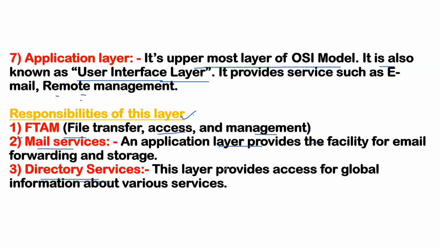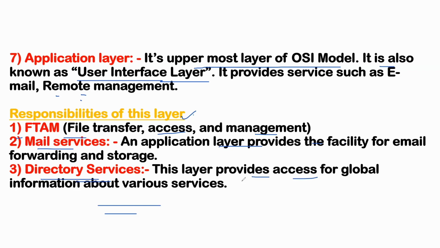On this layer, directory services also work, providing access to global information about various services. For example, Google Drive and OneDrive: via the internet we can use directory services. On Google Drive you have 15 GB of storage available on Google's side, but you use it on your mobile or system via the internet.